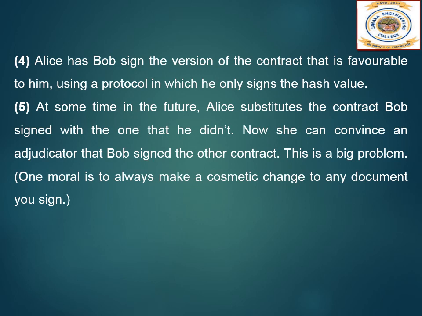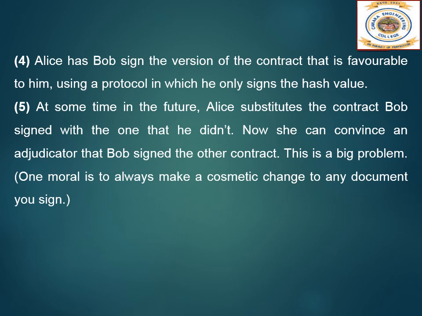So, one moral is to always make a cosmetic change to any document you sign. If Bob had made some cosmetic changes, maybe an extra space, an extra comma or a full stop, then the hash value would be different from what Alice had planned, since she had created hashes, compared them, and created another document with the same hash value.